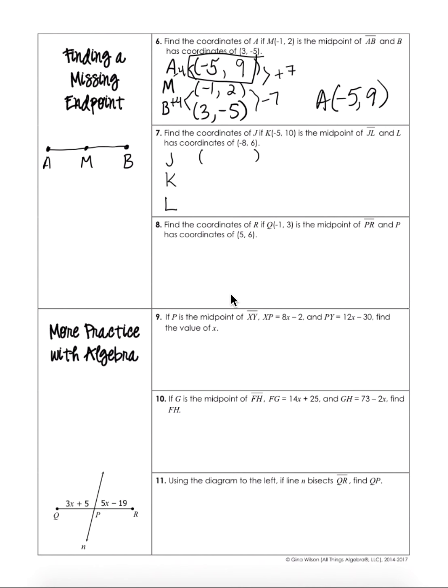I know that K is -5, 10, and L is -8, 6. Okay? So let me see if I can draw this over to the side again. I've got J, I've got K, and I've got L.